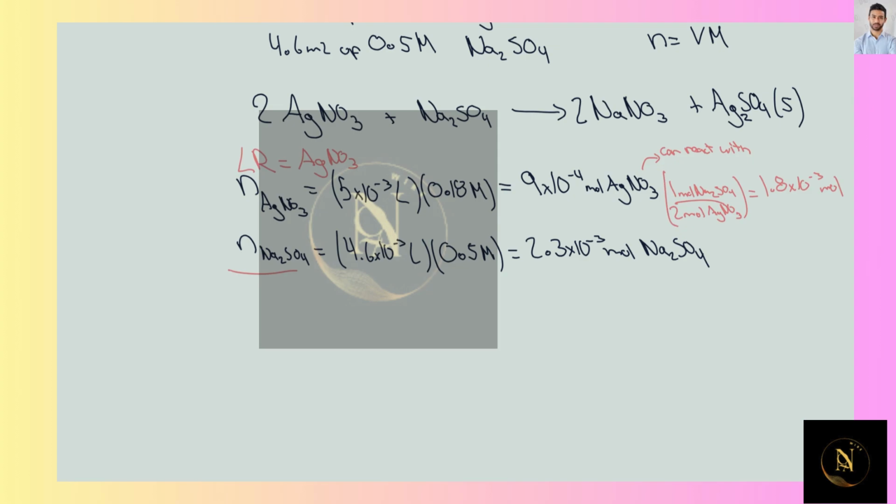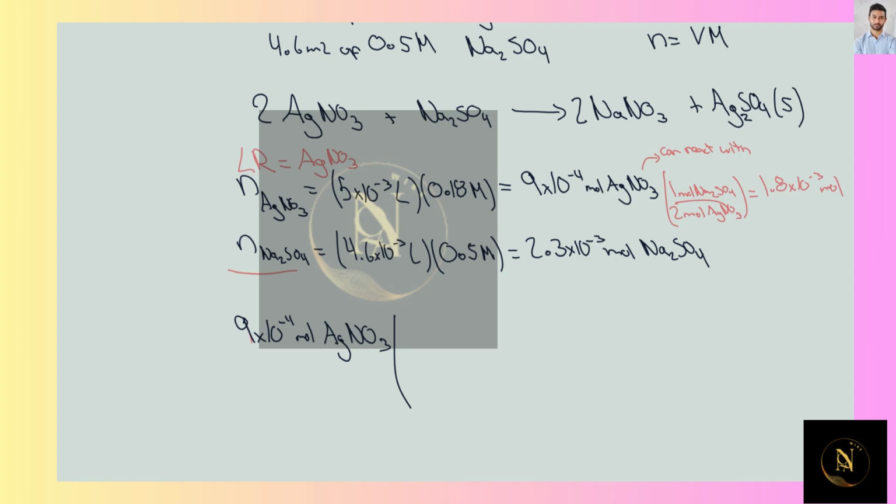Now that I know which one is the limiting reagent, what I can go ahead and do is calculate how much amount of mole of sulfate is going to be free. The way to do it is we're going to start with 9 times 10 to the minus 4 mole of my limiting reagent, silver nitrate.